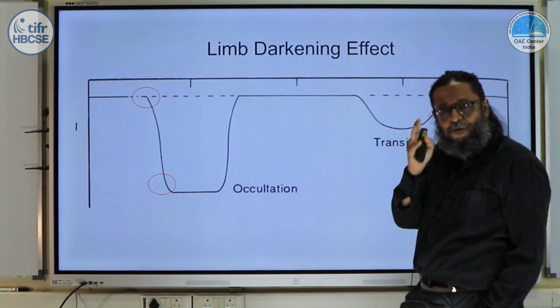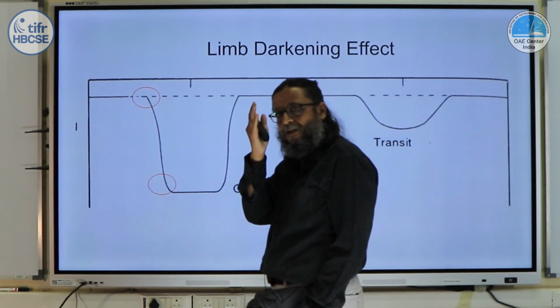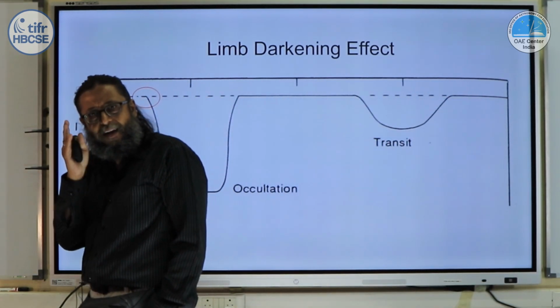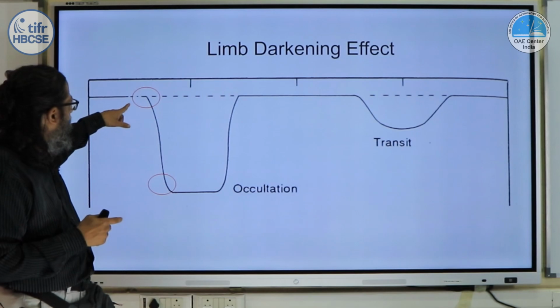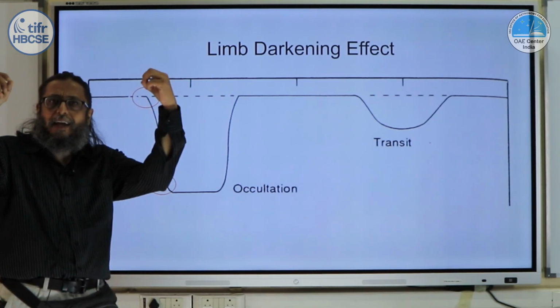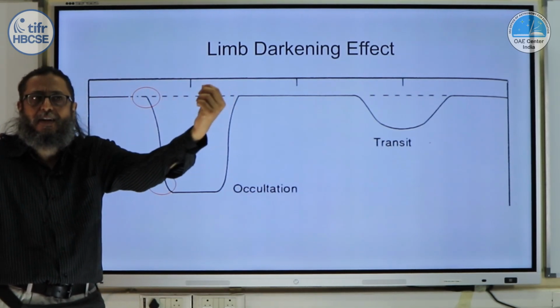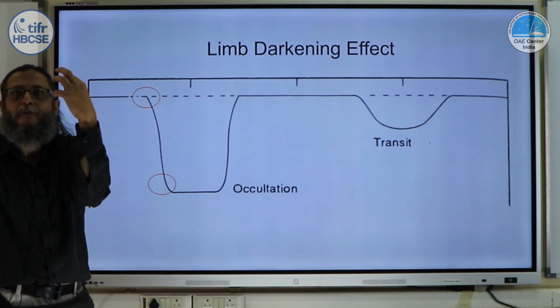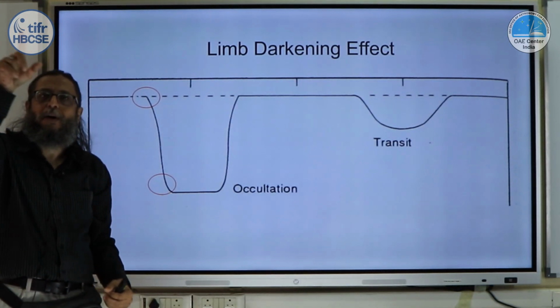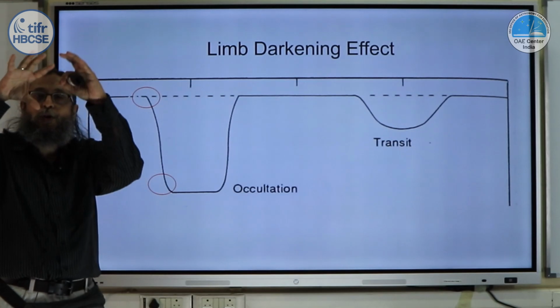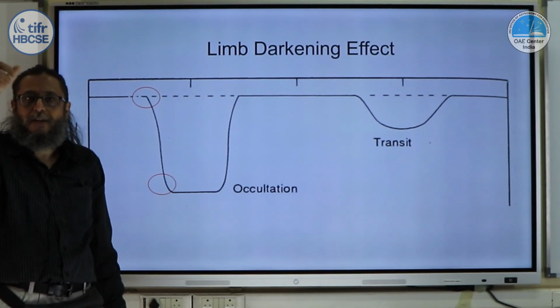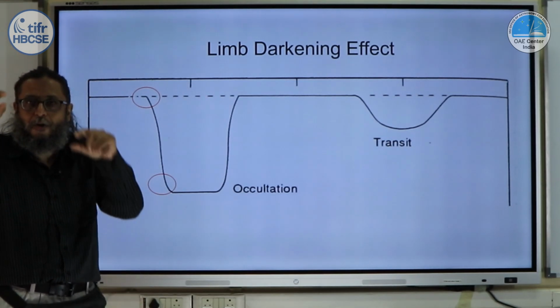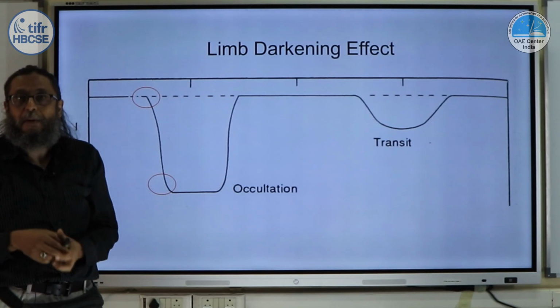So this effect occurs for the stars also, and hence when you are looking at the edges of the stars when they are getting eclipsed, it is deviating from what you assume from a uniformly illuminated circular shape, because the edges are now dim.